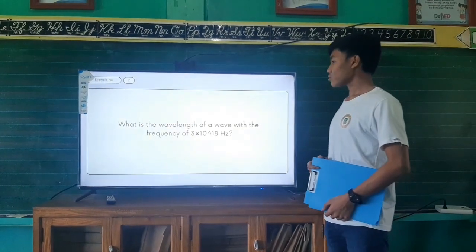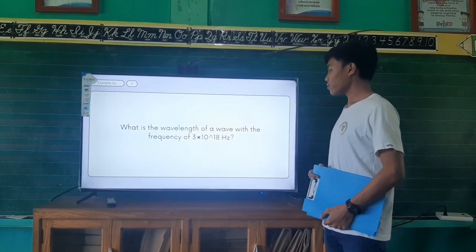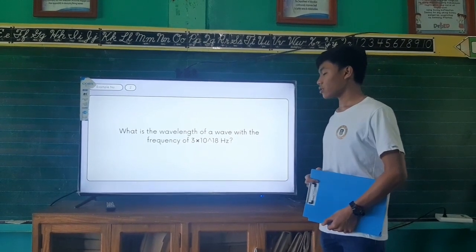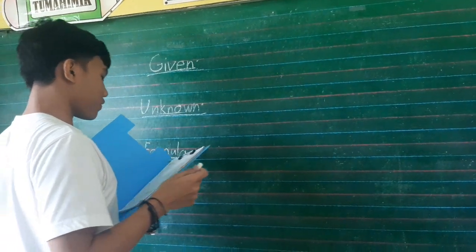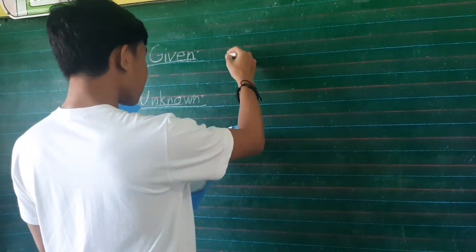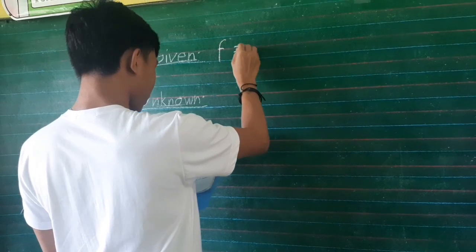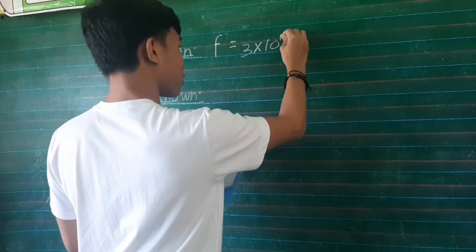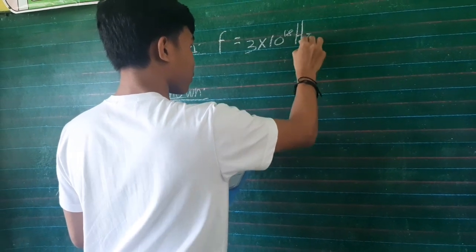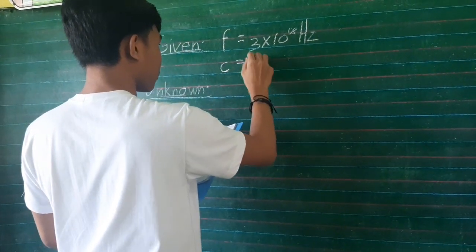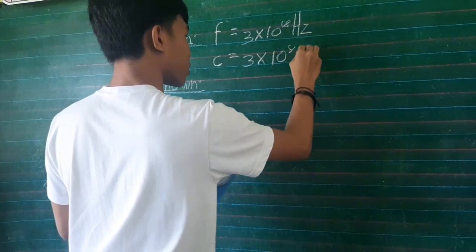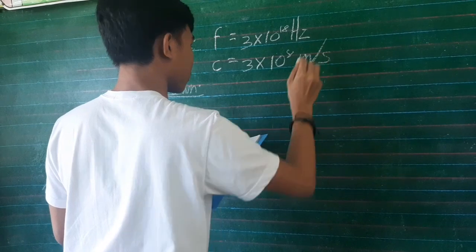For example number 2, we have here: what is the wavelength of a wave with the frequency of 3 times 10 raised to 18 hertz? So just like before, we must first identify the given, which is frequency that equals 3 times 10 raised to 18 hertz, and the speed of light, which is 3 times 10 raised to 8 meters per second.